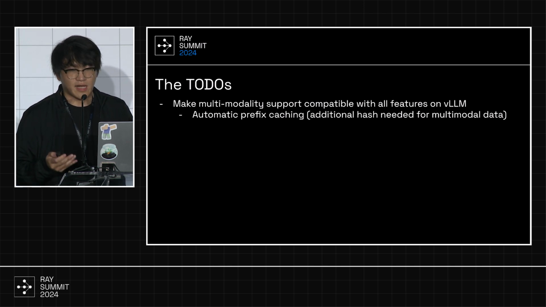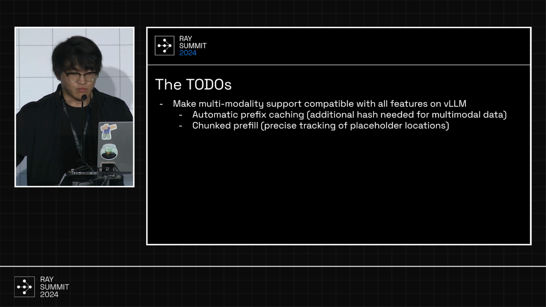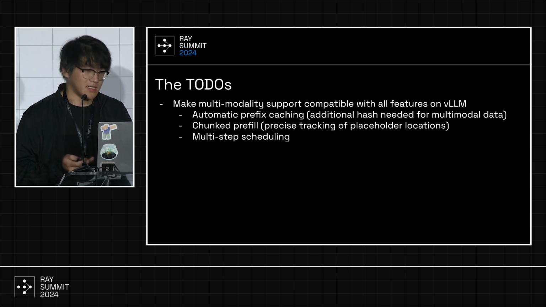Meaning we need to add an additional hash on the image itself. Second is chunked prefill. We need to precisely track where these placeholders are in order to chunk prefill them properly. And we also need to make sure it is compatible with the latest optimization that we added to vLLM, multi-step scheduling.